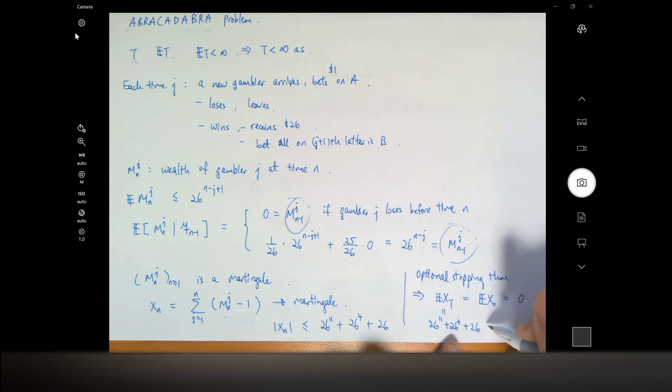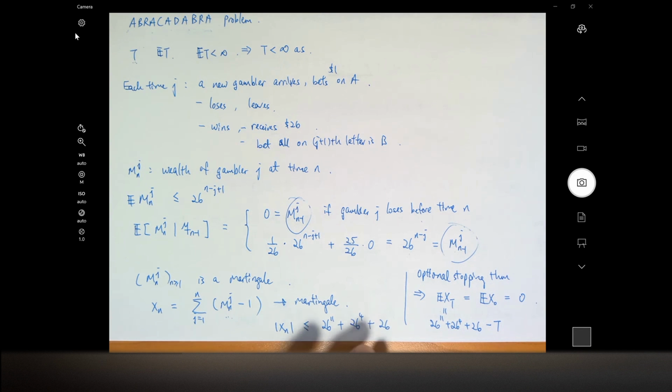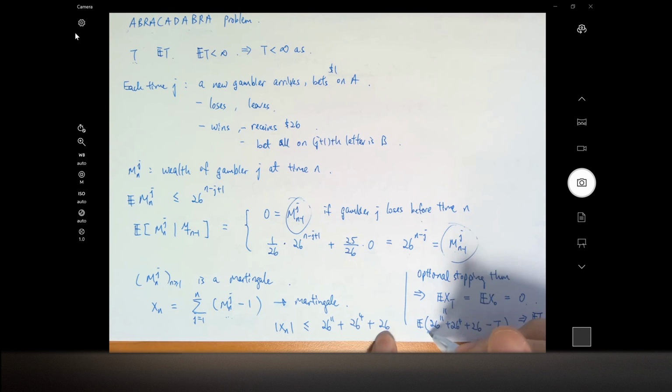And then of course I need the payoff minus t up to time t. So X_T is equal to this minus T, and the expectation is equal to 0. That means my expectation of T is just this guy.